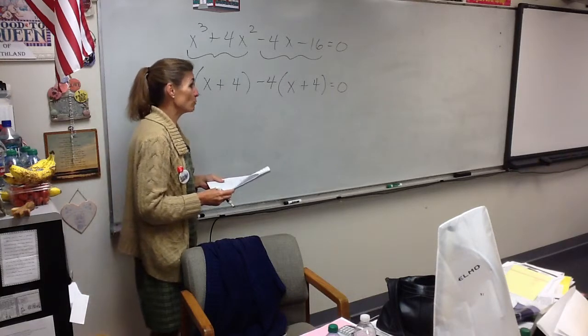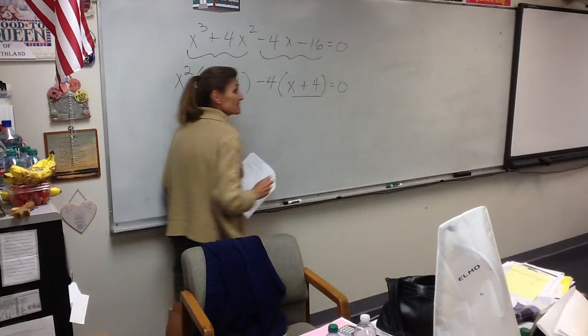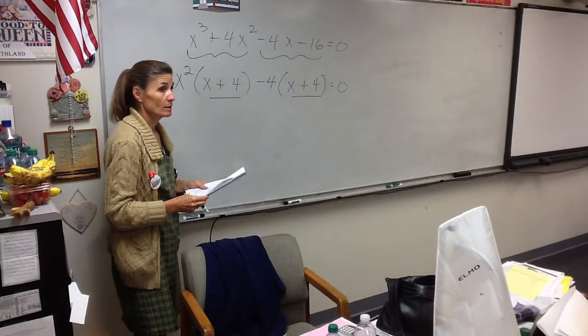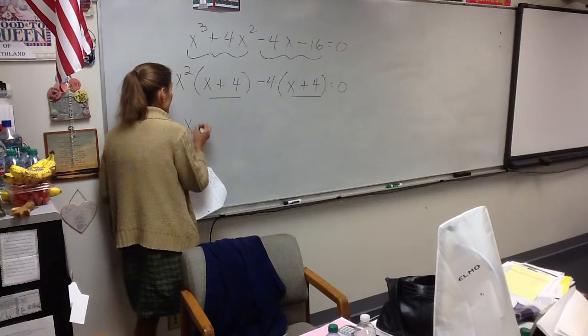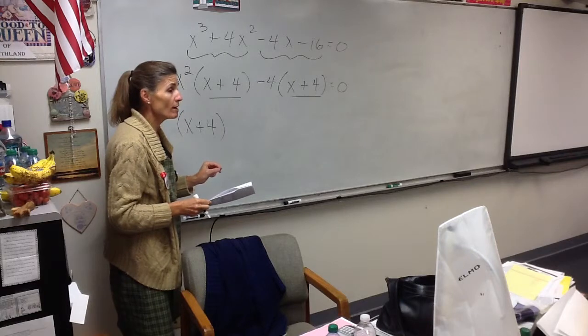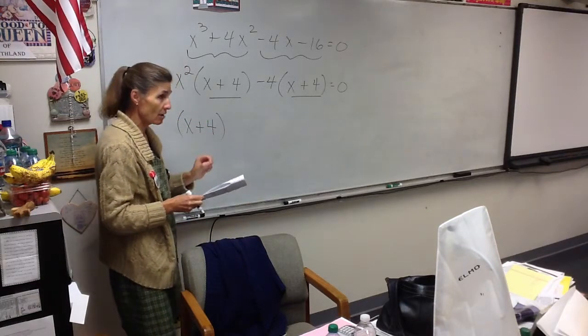Now, when you factor by grouping, you must end up with the same factor. Write that factor down. Do not square it. Do not write it twice. Just write it down.